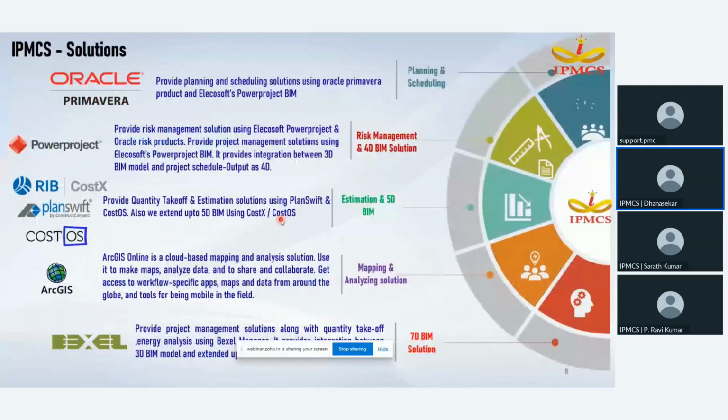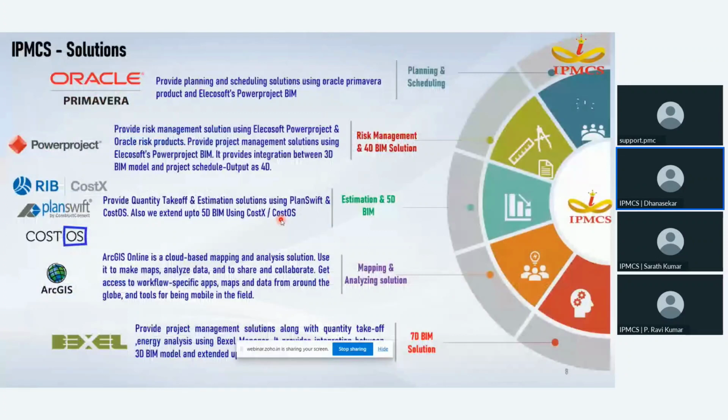This slide represents how IPMCS is supporting the industry with our best solutions. For planning and scheduling, we provide planning and scheduling solutions using Oracle Primavera products. For 4D BIM and risk management, we provide a project management solution using Elecosoft Power Project for integration between the BIM model and the project schedule.